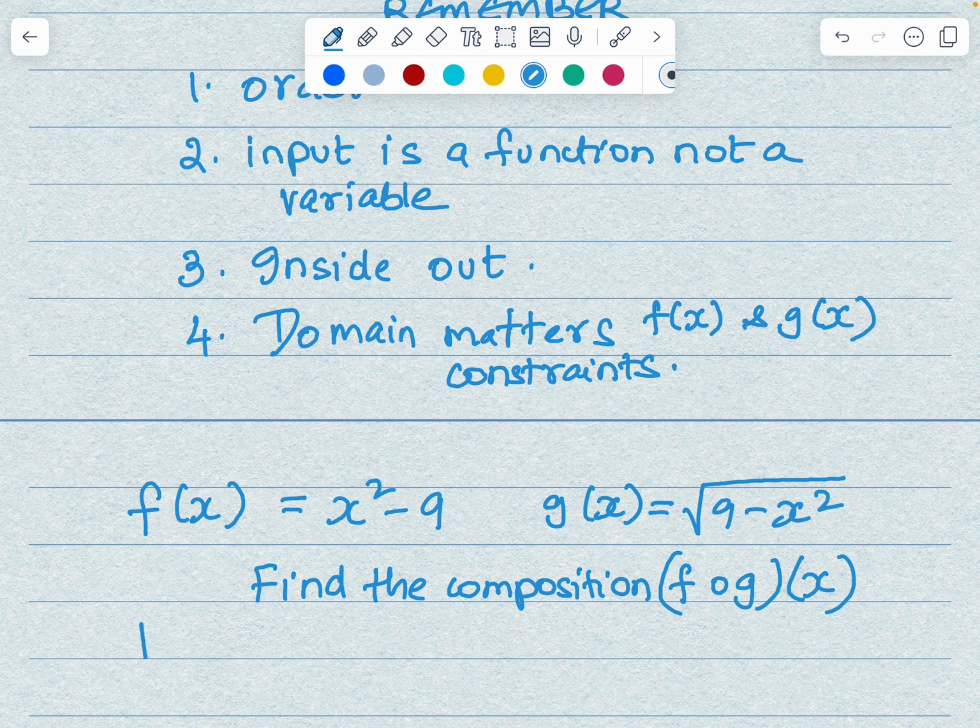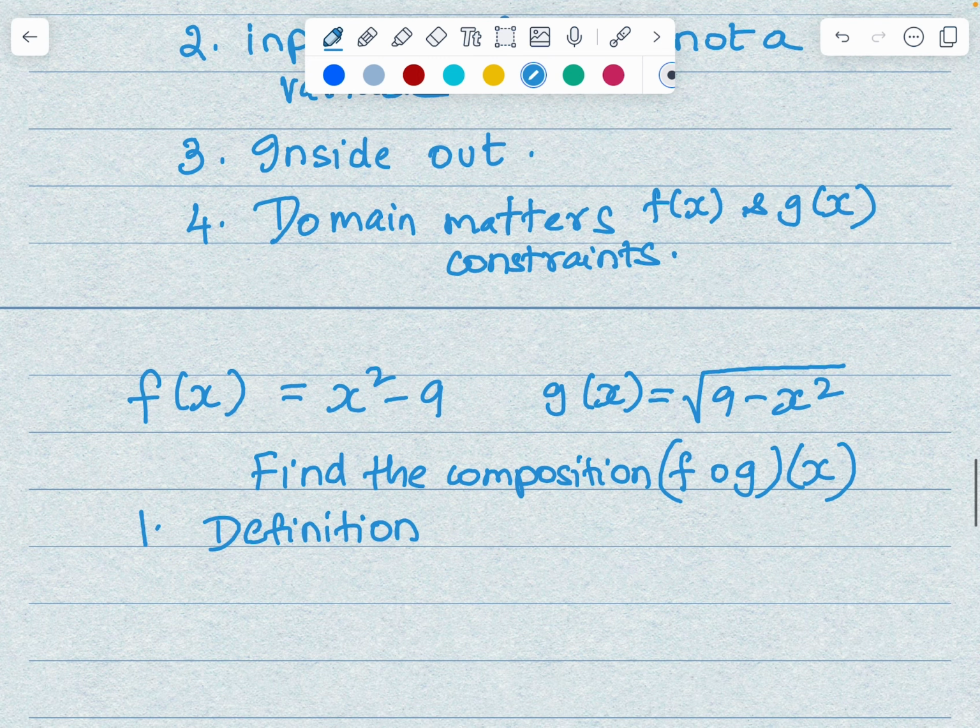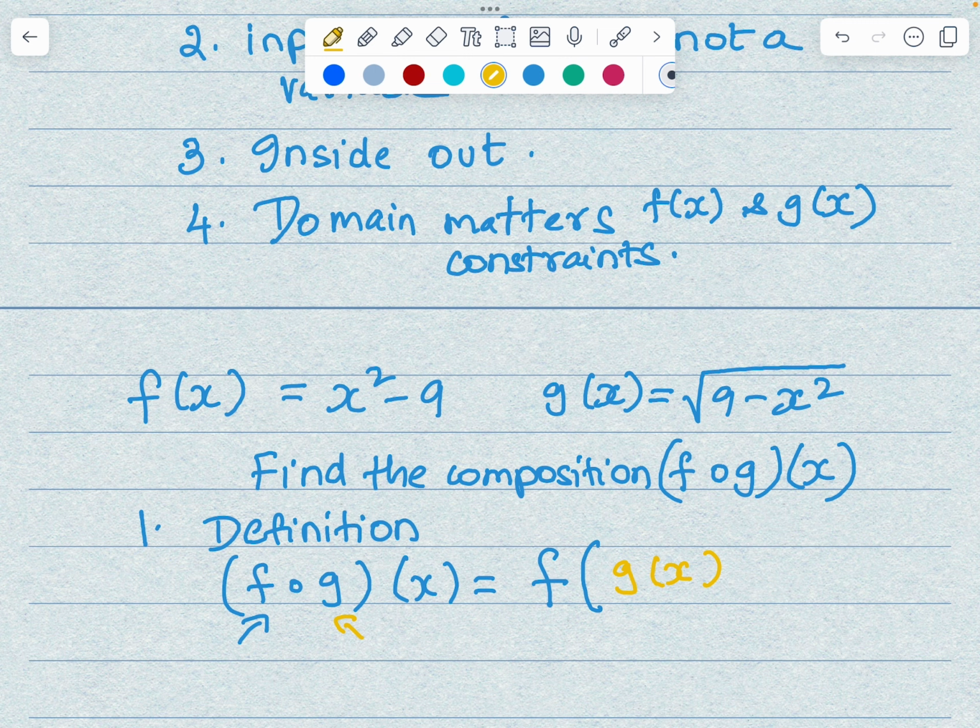So first step, write the definition. It's very easy to get confused which goes on the outside, which goes on the inside. So write the definition. You know that f of g of x is, you start from the outer, right? f, and the input is the inner one, okay? g of x. Okay, that's important to remember.